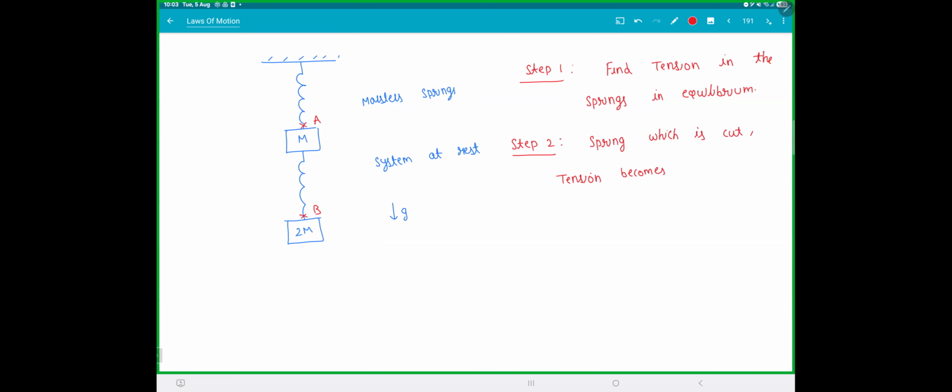Other springs are unaffected. Remember, the spring force depends only on kx. If x doesn't change, the spring doesn't matter. Step 3, use F = ma. Clear with the steps? Now let's see the question.